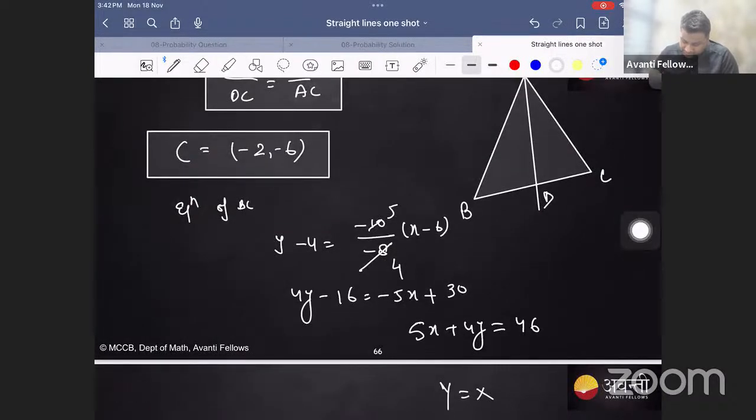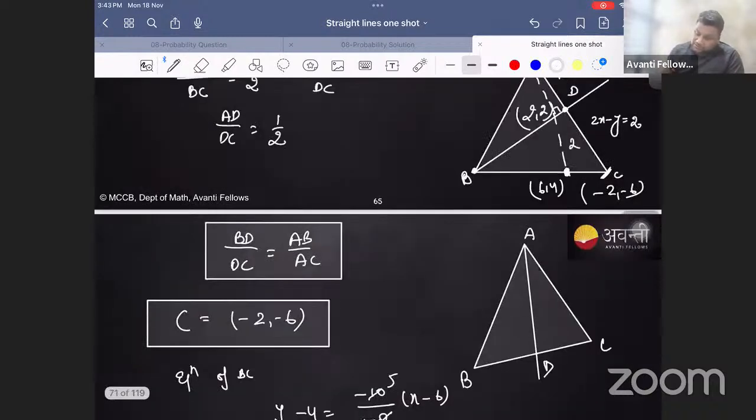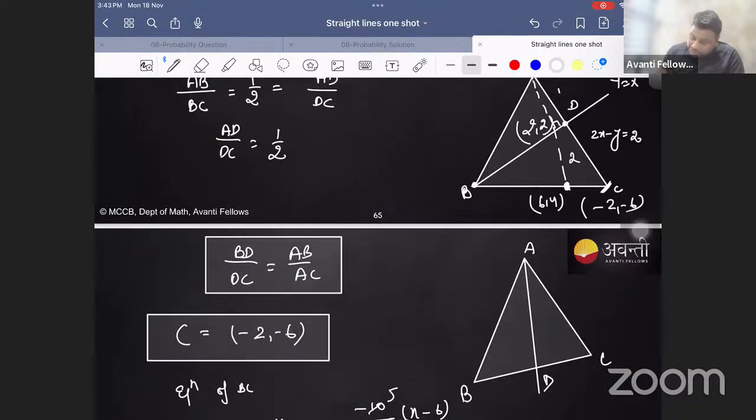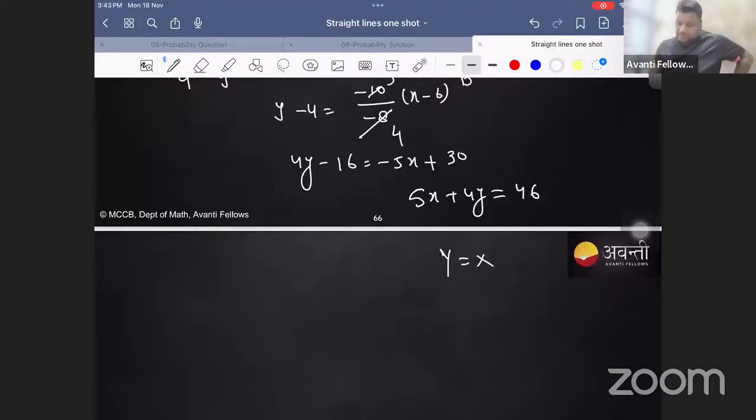Everything is fine. 4y minus 16 is minus 5x plus 30, so 5x plus 4y is 46. Then alpha, alpha will satisfy this, so 9 alpha is 46.